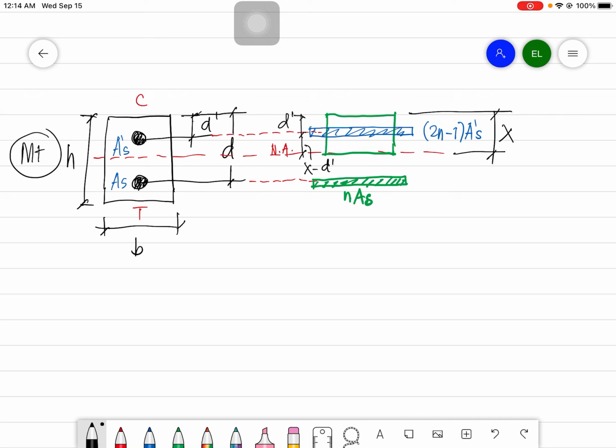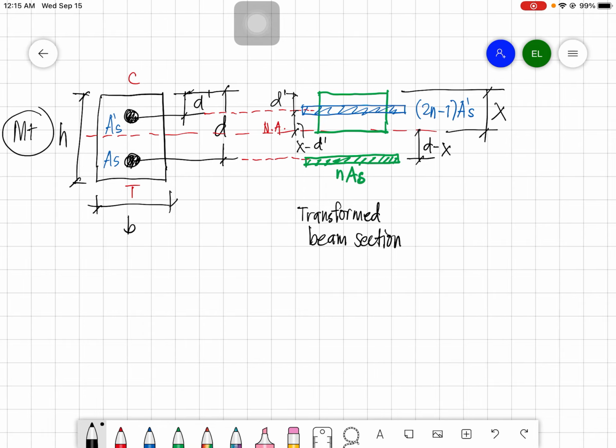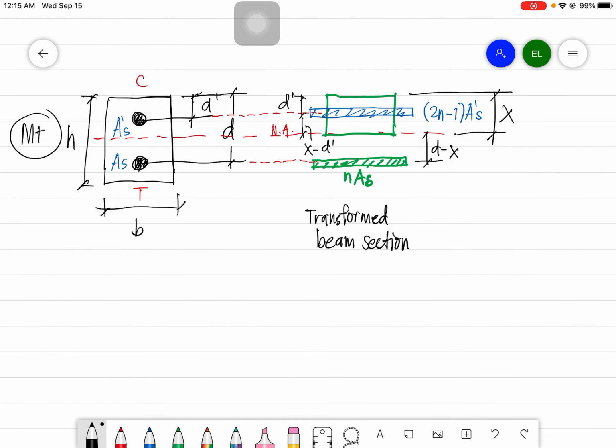Then the distance from the neutral axis to the tensile steel is your d minus x. This is the transformed beam section for the doubly reinforced beam.